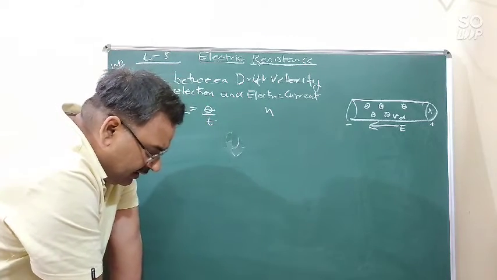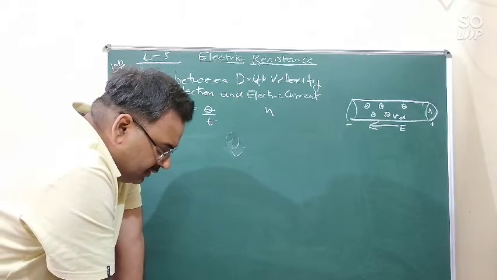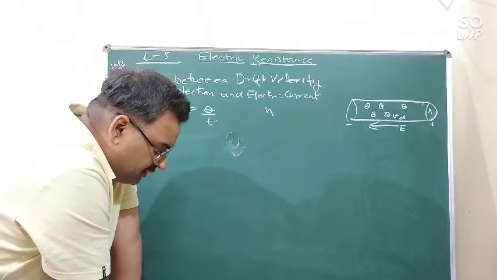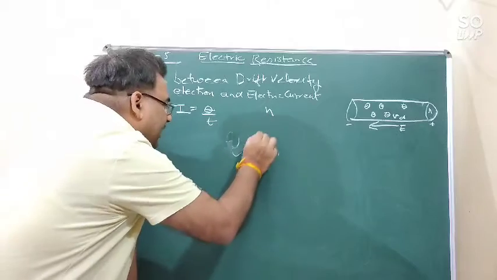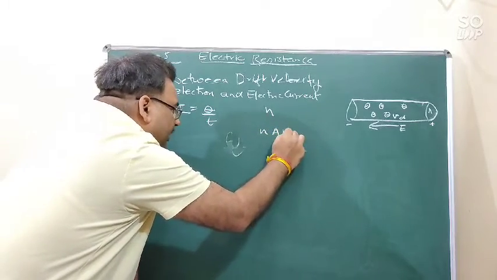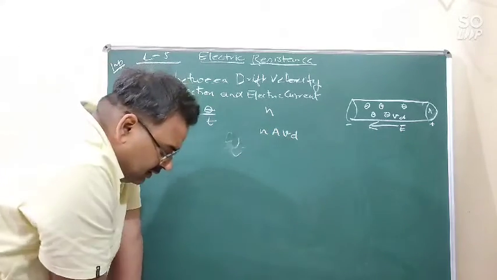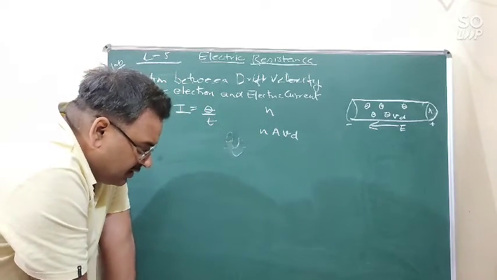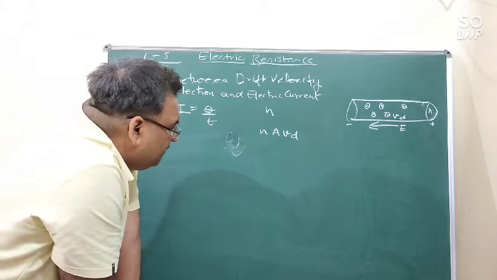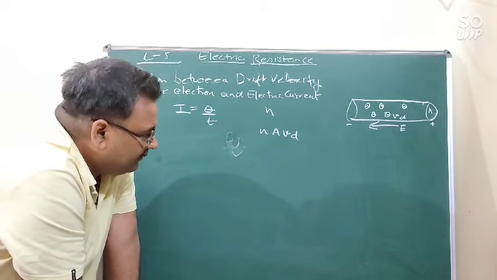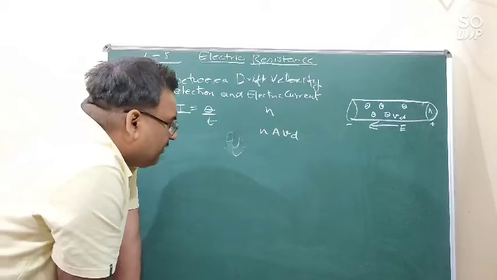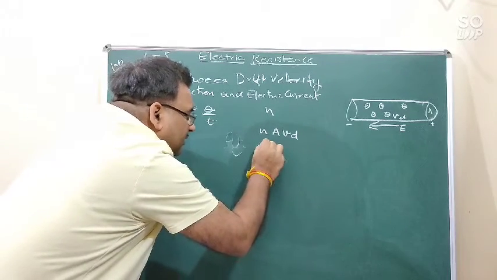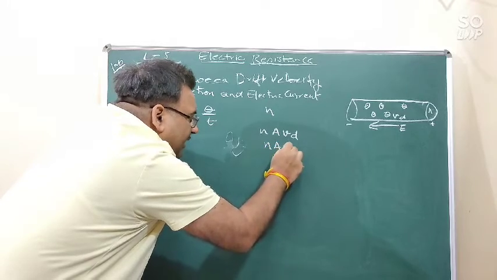So the number of electrons passing per second through the cross section of wire will be NAVD. The number of electrons passing per second through a cross section of wire is given by NAVD.